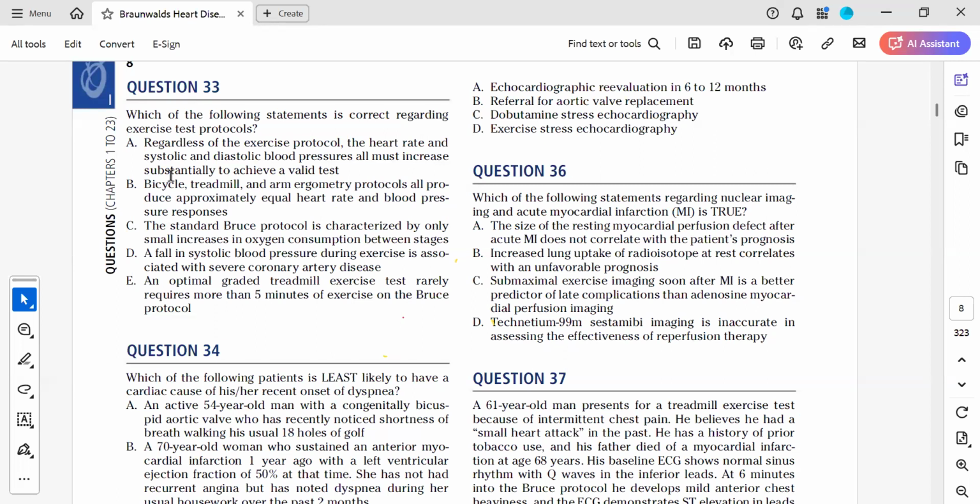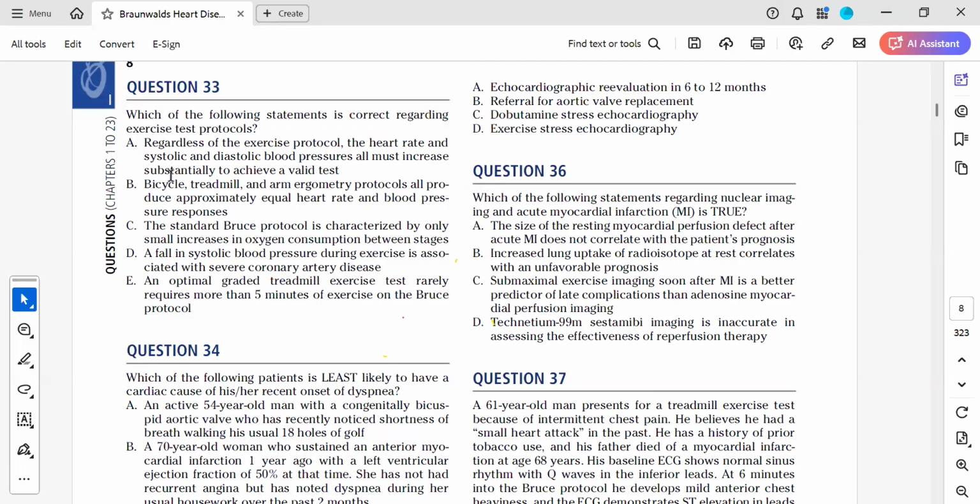So there's a large increase in oxygen consumption from one stage to another, and that is one of the things that limits its usefulness in elderly people, in deconditioned people, or in ill people. And in such patients, we may think about more gradual regimens like the Naughton and then the Weber protocol. So these are quite different.